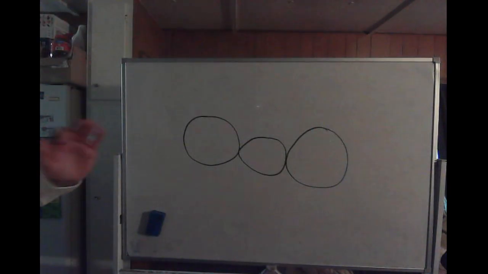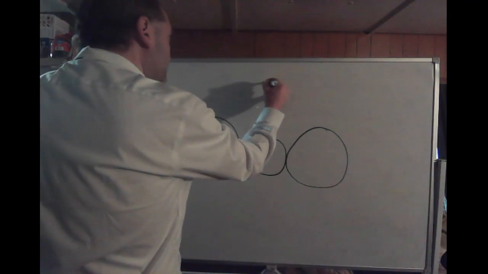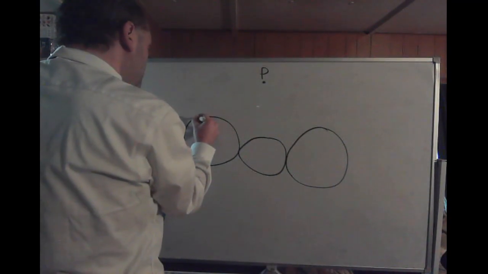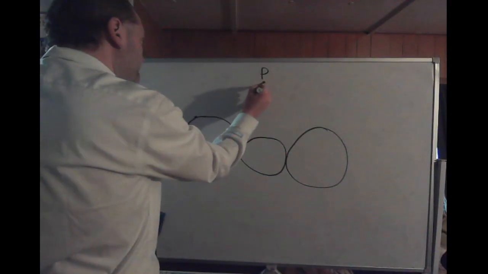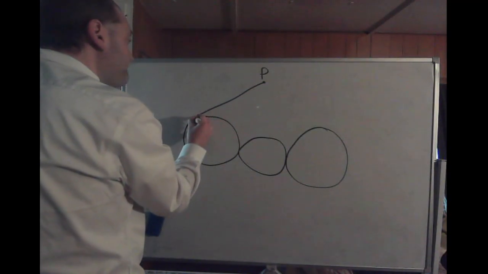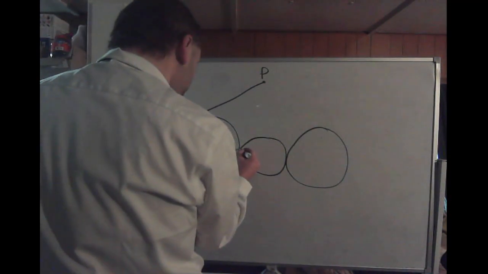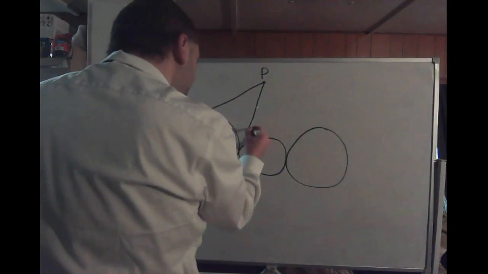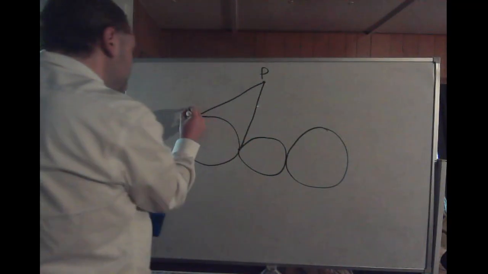Alright, so now we have 3 circles tangent to each other. We have a central point P where we're going to have several tangent lines.